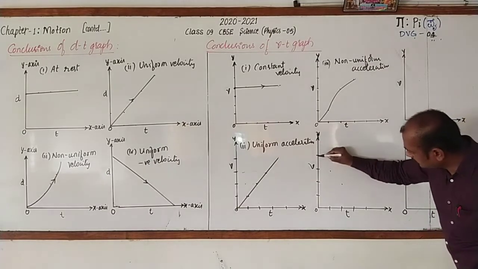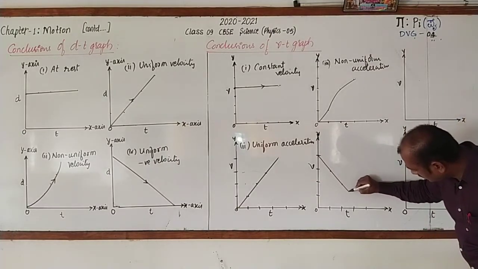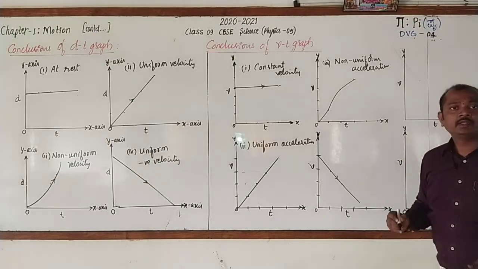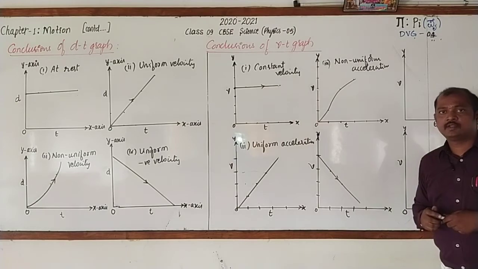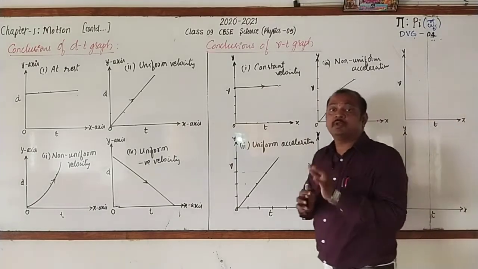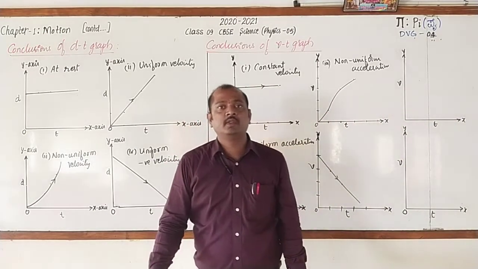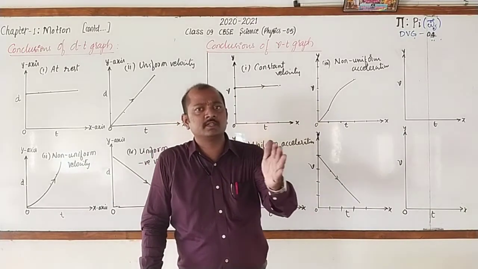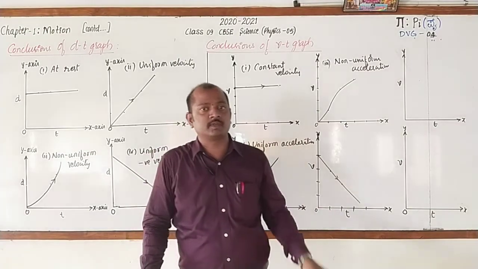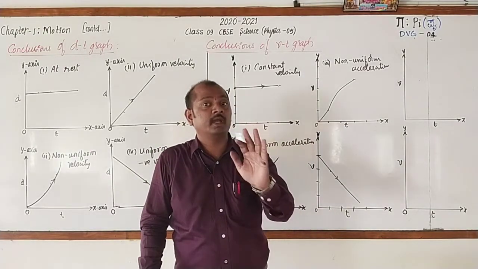See that here the velocity is being decreased. Is it by equal amounts in equal intervals of time? Yes. So then what you can say that when a body moves along a straight line, if it changes its velocity by equal amounts in equal intervals of time, it is uniform acceleration.